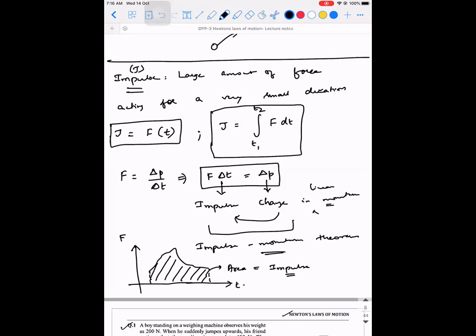I hope by now you understand when to find the area under a graph and when to find the slope of a graph, right? When do you find the area under a graph? Looking at the mathematical expression. So how will you know? Integration. Yes. If it is the multiplication of the x and y axis quantities, or integration, then we need to find the area. If it is the ratio of both, then we need to find the slope.